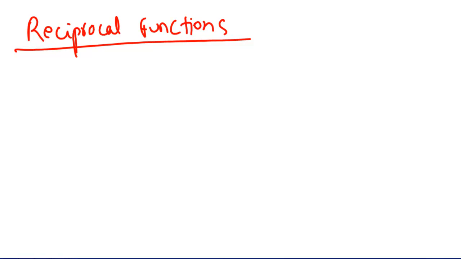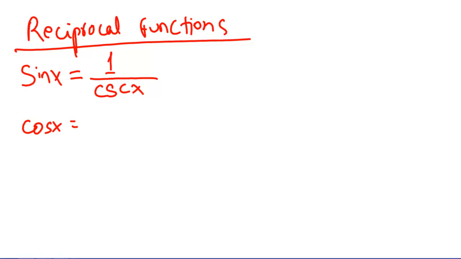So based on this, we could define the reciprocal functions. The sine of any angle x is the reciprocal of cosecant of x. Sine and cosecant are the reciprocal functions of each other. Likewise, cosine is the reciprocal of the secant x.